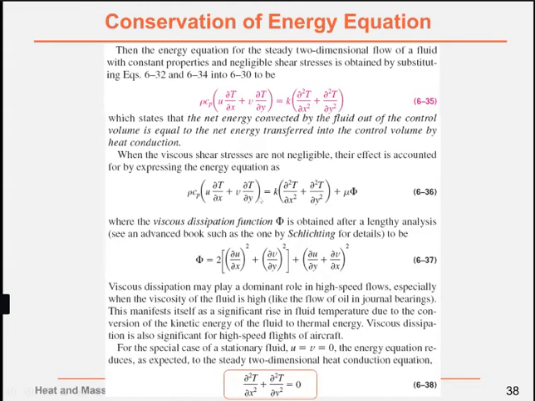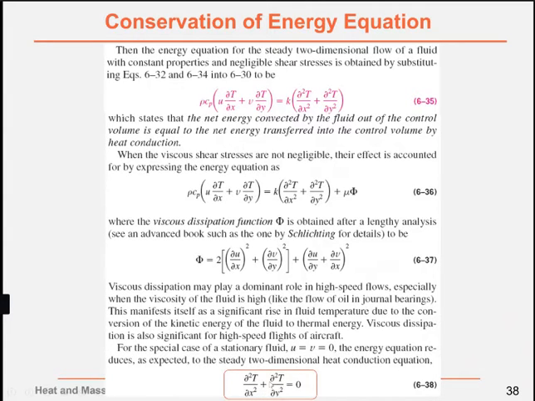If we simplify that for a special case, the special case of a stationary fluid, when the velocity is zero, the velocity in the x direction and y direction equals zero. The energy equation reduces, and the steady two-dimensional heat conduction equation is like this.